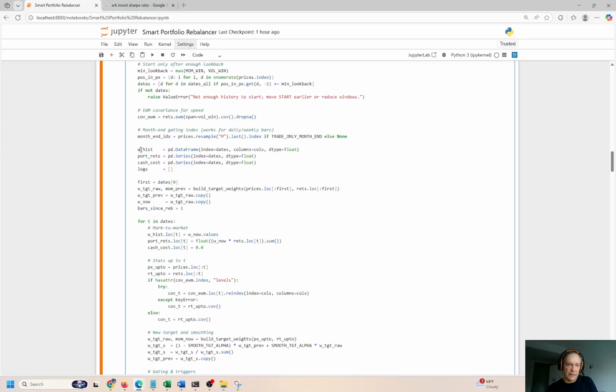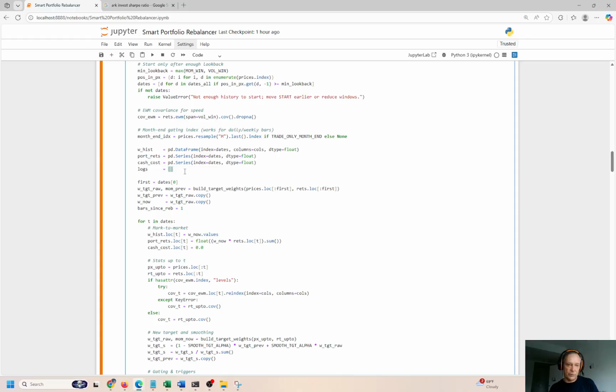We're getting history, portfolio returns, anything held in cash, anything that gets logged. We're going to collect all these logs as a list. Okay, so there's basically four types of data types in Python. You have lists. I use lists a lot. That's what we're looking at here. Anything with square brackets.